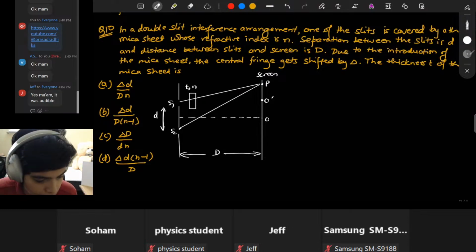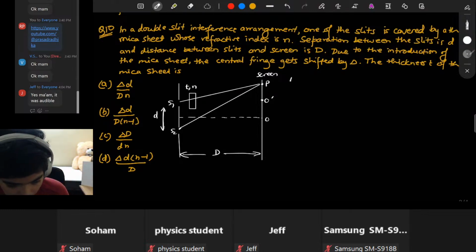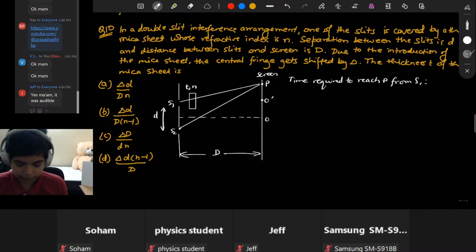Okay, so if we look at the time required to reach the point P from S1, the ray travels in free space for some distance and within the mica sheet for some distance.